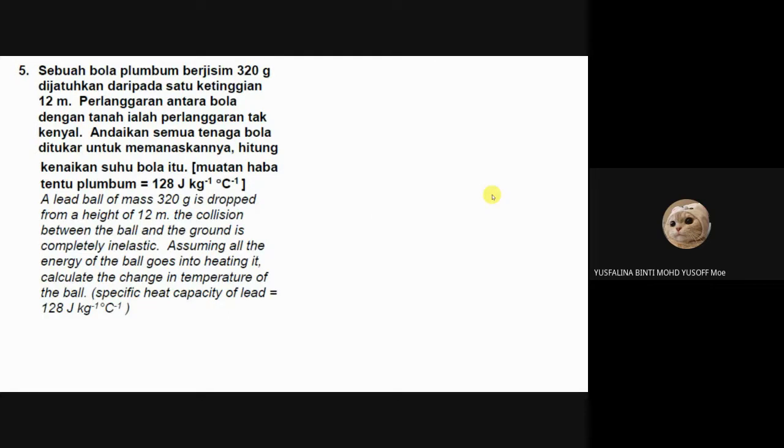So what is the formula for the gravitational potential energy? Yeah, very good. mgh equals mcθ. So m is 320 grams, so change to kilogram, it should be 0.32, because you see here the specific heat capacity, they use kg. So you have to change.